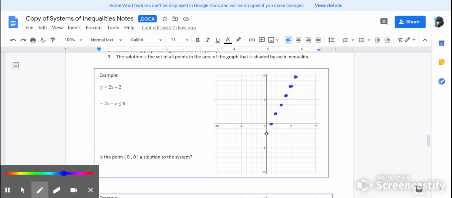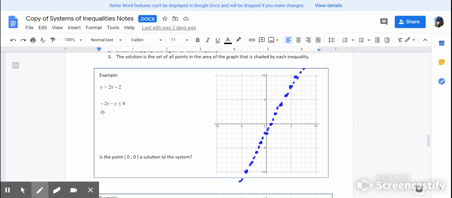And come back to my y-intercept and go down 2 to the left 1. Okay, notice it's greater than, so it's going to be a dotted line. I'm going to wait to shade until I get finished graphing just so it'll be easier to read the graph.